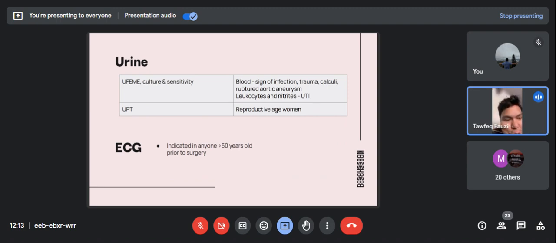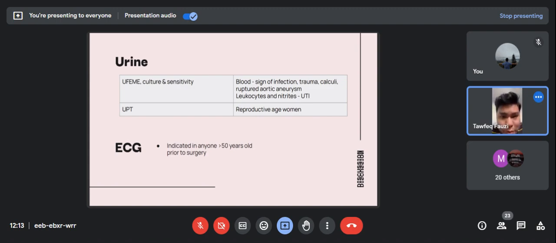So next, for the urine test, we can do a urine culture, urine FEME, and also culture and sensitivity if UTI is suspected. Blood in the urine can be a sign of infection, trauma, stones, or it can also be a sign of a ruptured aneurysm, abdominal aortic aneurysm.